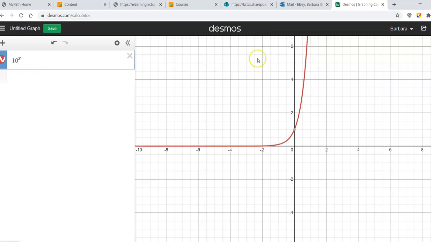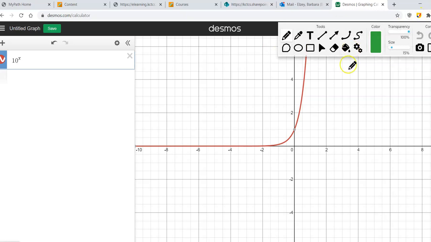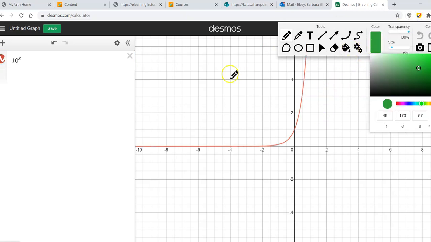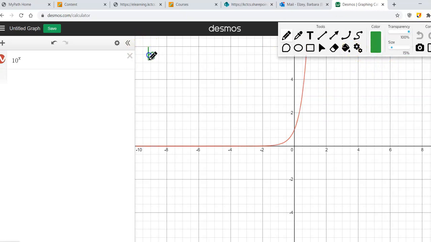So let's look at a few characteristics we need to be aware of. All right, so I'm going to use this little draw feature up here. Let's notice that for all of these, we had a base that was greater than 1. And when that's true, there are certain things that are always true.